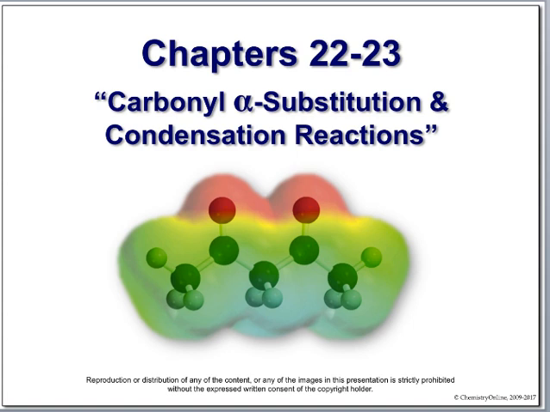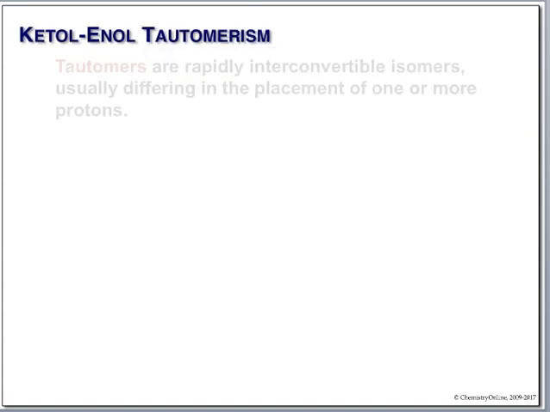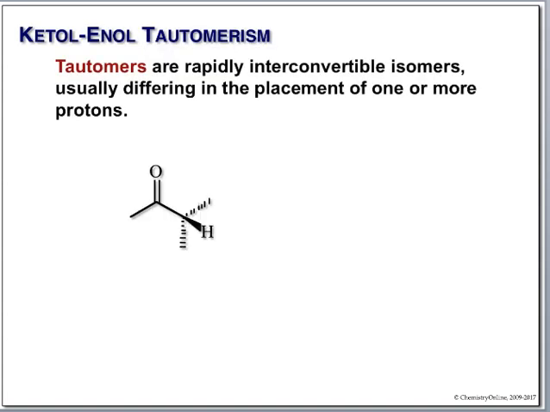Generally, these are going to be called carbonyl alpha substitution and condensation reactions. This all comes down to a concept that we talked about way back in chapter 17. We said that carbonyl compounds, specifically we're talking about ketones and aldehydes, exist in equilibrium with what's known as an enol.